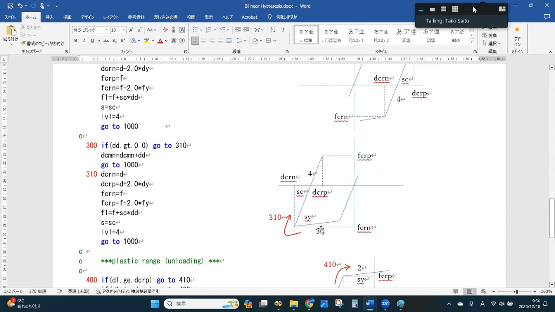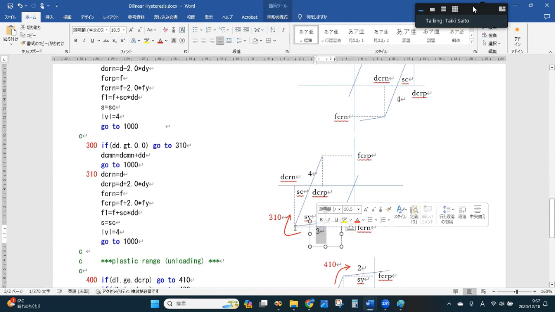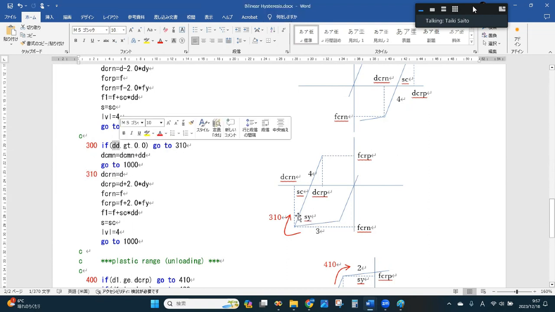And if you are on the negative side, second slope, it's the same. So if DD is positive, it means you will go back, returning. So you jump to 310. If DD is negative, it continues to stay at level 3.